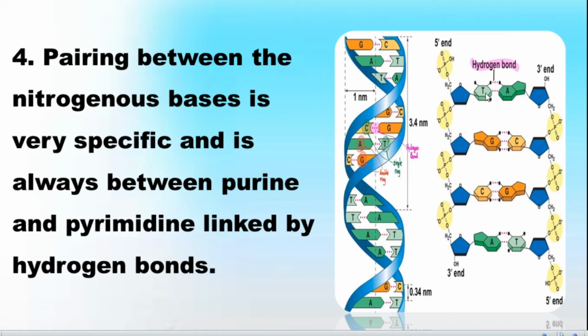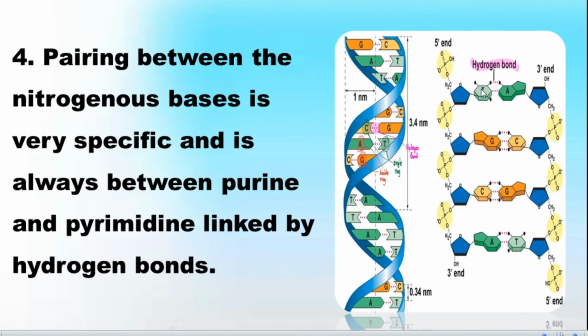Pairing between the nitrogenous bases is very specific and is always between purine and pyrimidine, linked by the hydrogen bond. It does not pair purine with purine. No, purine always pairs with pyrimidine. So this is a purine, this is a pyrimidine. So you should know that purine always pairs with pyrimidine, and pyrimidine always pairs with purine. In the next slide we are going to study what purines and pyrimidines are.